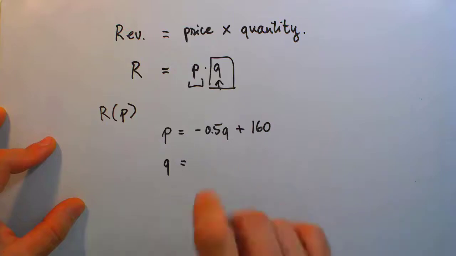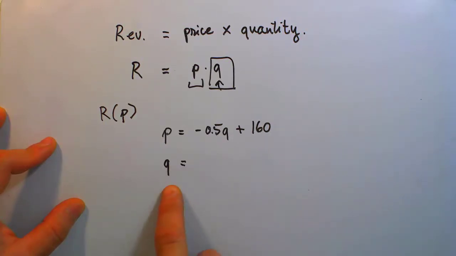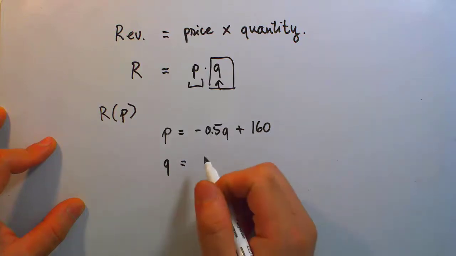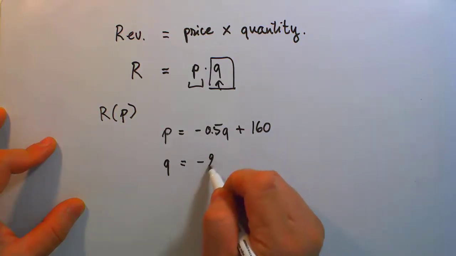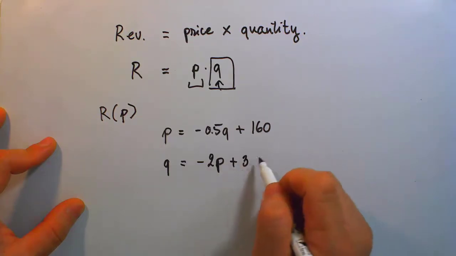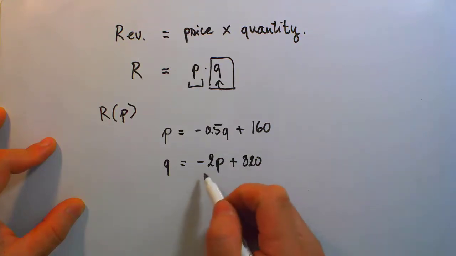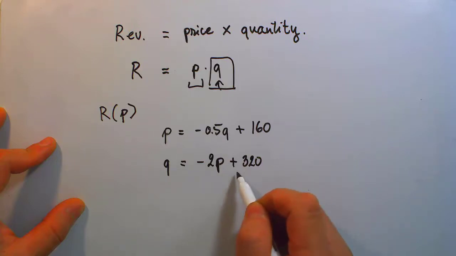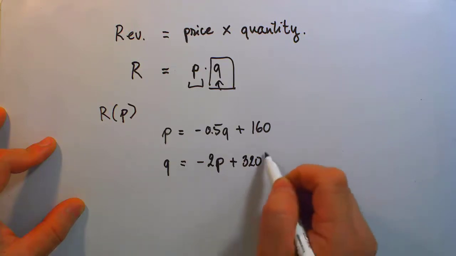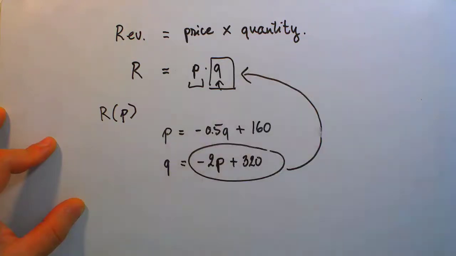Algebraically, the same demand equation can be re-expressed as Q equals minus 2P plus 320. Now we can substitute this expression, minus 2P plus 320, into our Q variable of the revenue function.